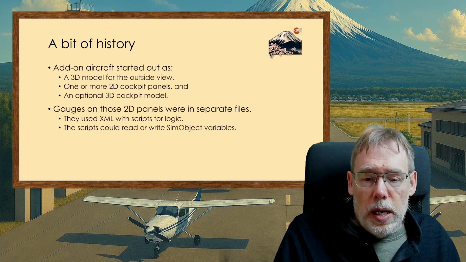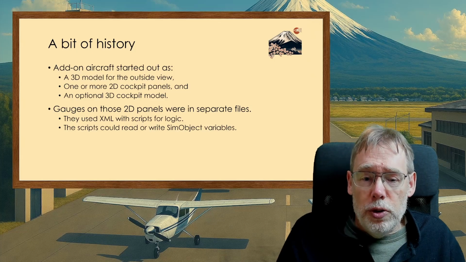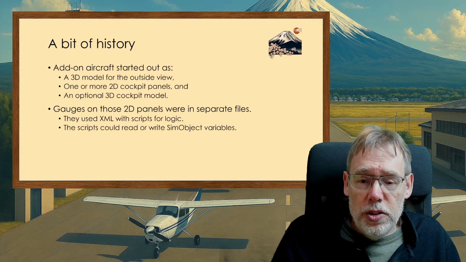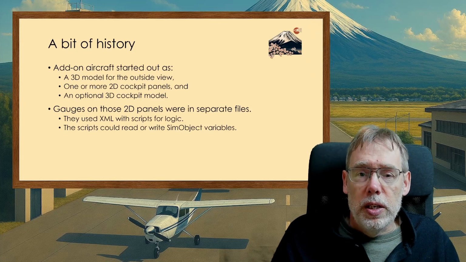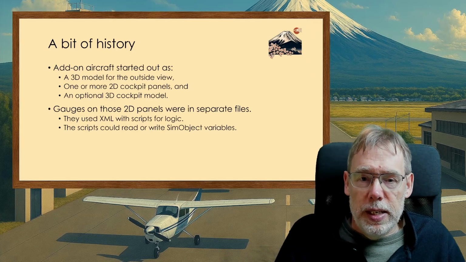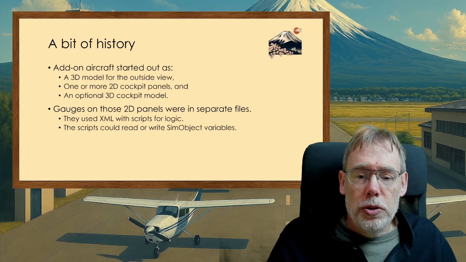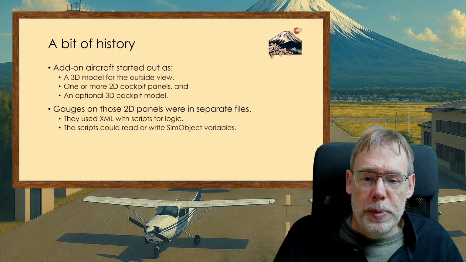Simulator X. Those gauges in the 2D panels were in separate files, and you could make them as a DLL, but most common was to write them using an XML file.